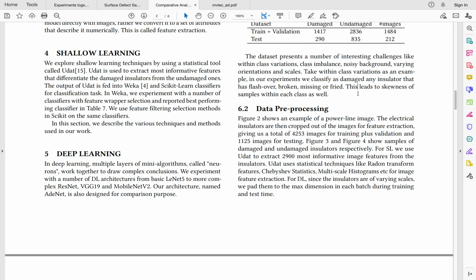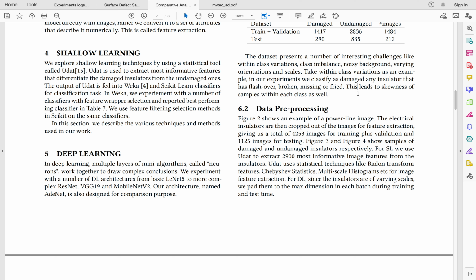And so, as a result of that, most techniques, whether shallow learning or deep learning, and by shallow learning I mean traditional machine learning, always classify the majority of the data points as the majority class, which gives them a very high accuracy but a very low average precision, recall or F1 score, and they miss most of the minority classes, which is much more of interest to us.